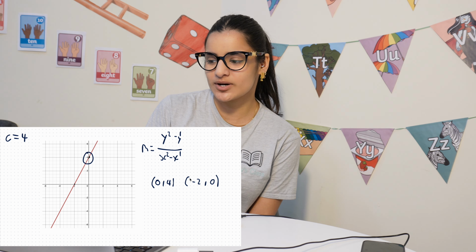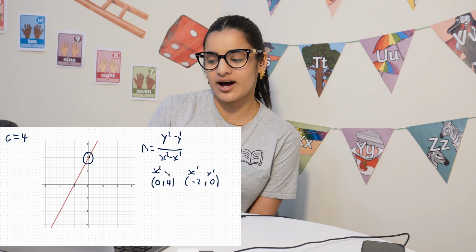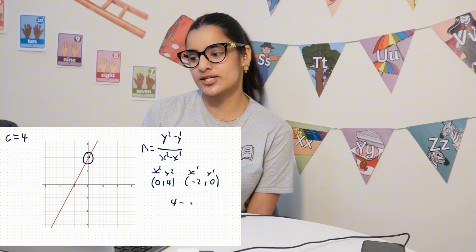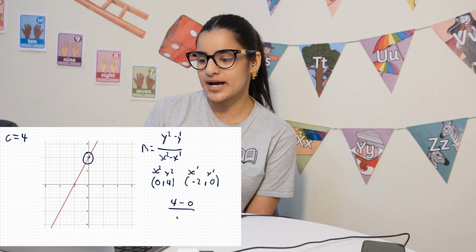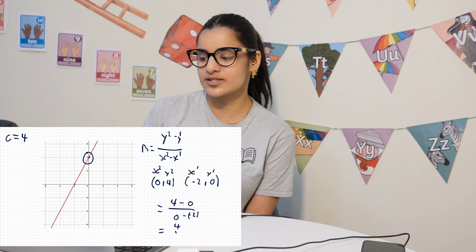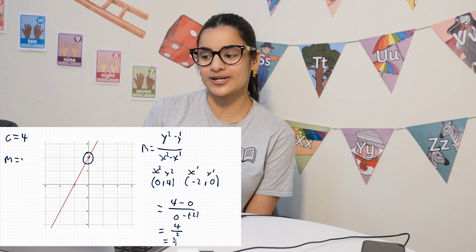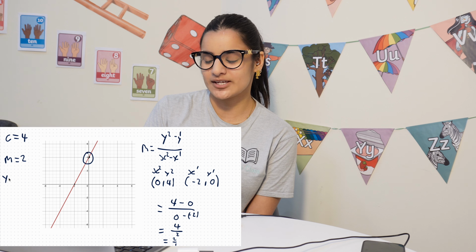So I'll have x1, y1, and x2, y2. And I'm going to just input this into our gradient formula. So my next equation will be 4 minus 0 over 0 minus -2, which simplifies to 4 over 2, which simplifies to 2 over 1, which means that my gradient here is m equals 2.